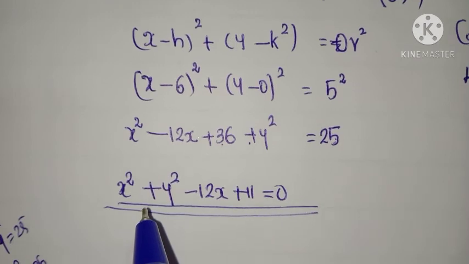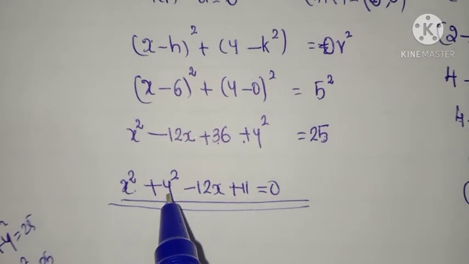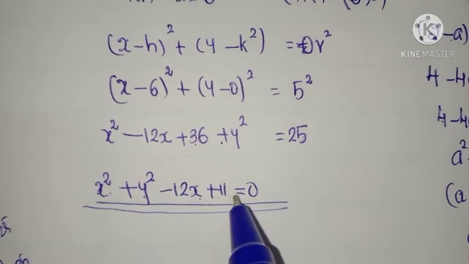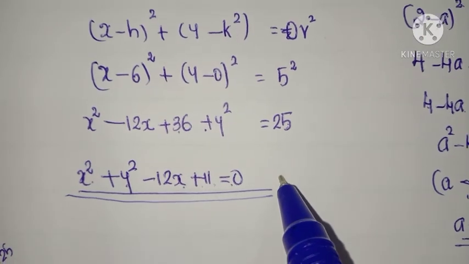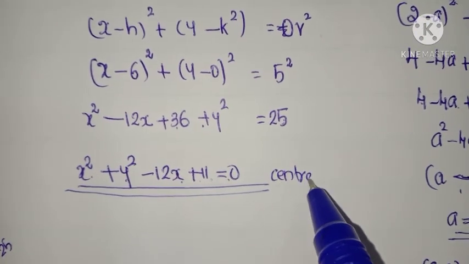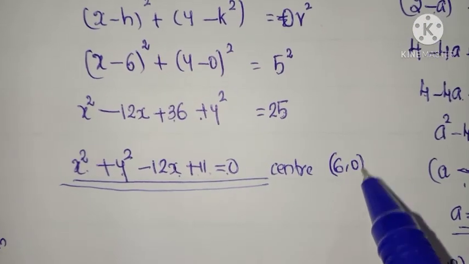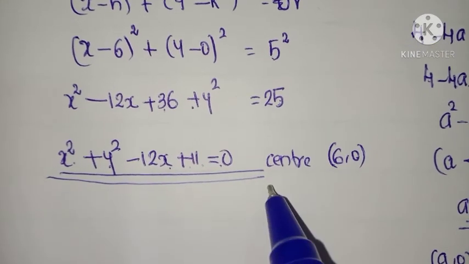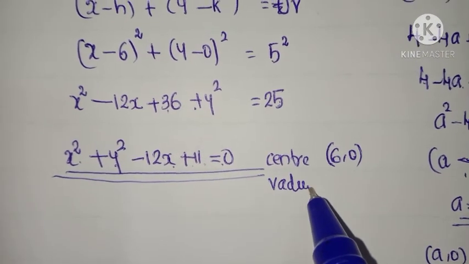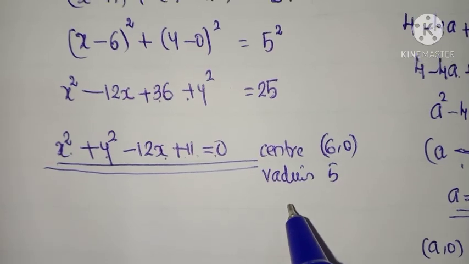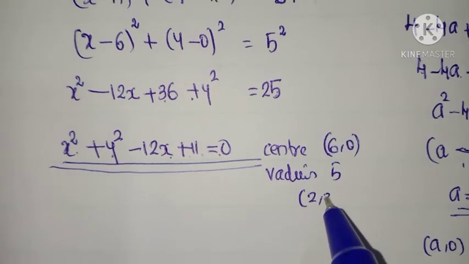So equation of circle is x square plus y square minus 12x plus 11 equal to 0 when center is along positive x-axis, that is at (6, 0), and radius is 5 and passing through the point (2, 3).